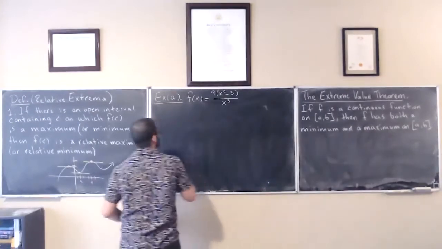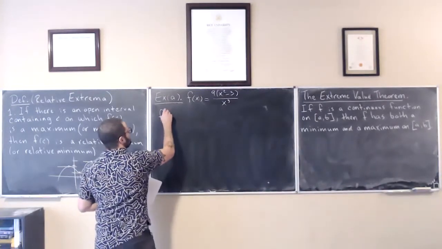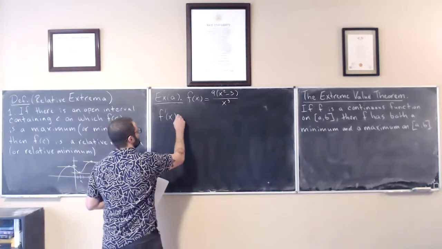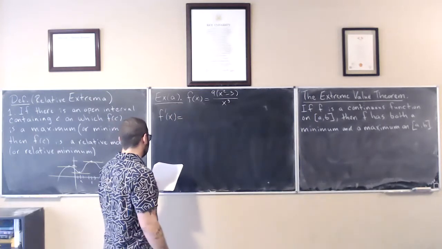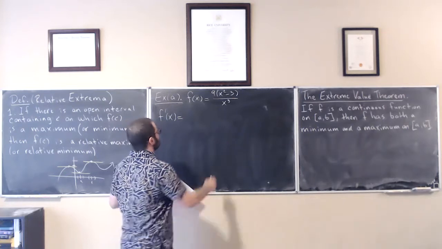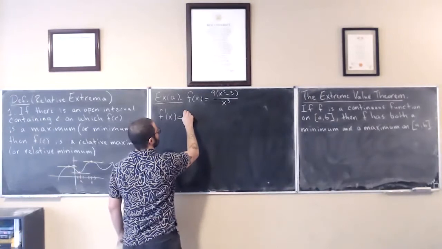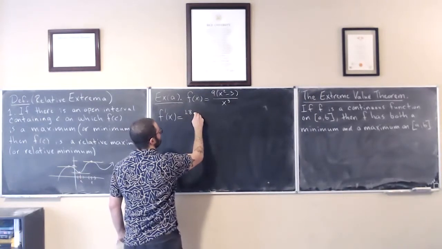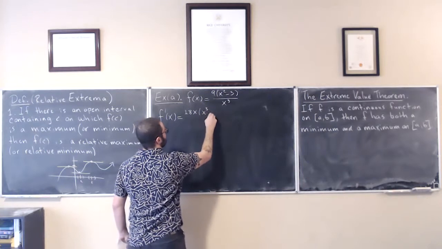So for this function here, we're going to have to use that messy quotient rule, which I hate using, but I think that'll be the fastest way to do it here. Okay, so it's the derivative of the numerator times the denominator first, so that'll be 18x times x cubed.